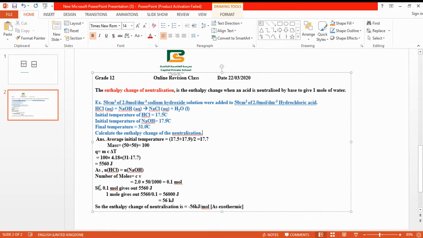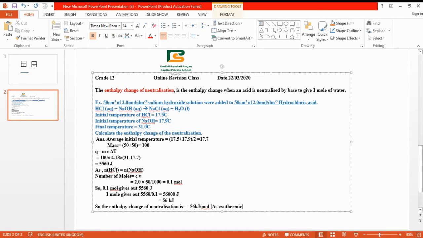So the 0.1 mole gives out this energy. Why? Because the definition says the enthalpy change when an acid is neutralized by the base to give 1 mole of water.